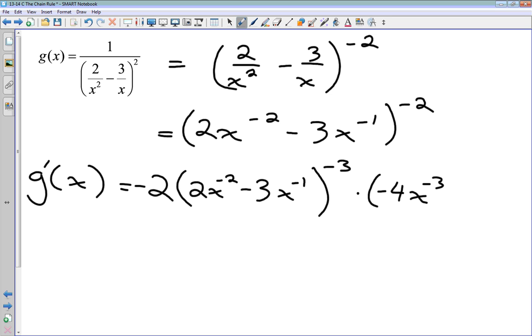And the derivative of 3x to the negative 1, we're going to bring down the negative 1 to get positive 3x to the negative 2, subtracting 1 from our exponent. And there's our derivative. Okay? Derivative of the outer function evaluated at the inner function times the derivative of the inner function. And that's the chain rule.